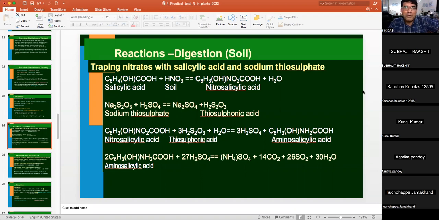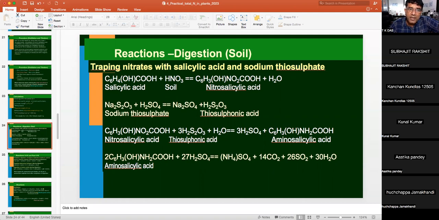Okay. Now you see the reactions during digestion in soil. You put some chemicals, particularly sulfuric acid, salicylic acid, and sodium thiosulfate. Now what happens for soil samples? Salicylic acid and sodium thiosulfate are used to trap nitrates and convert them to ammonium.